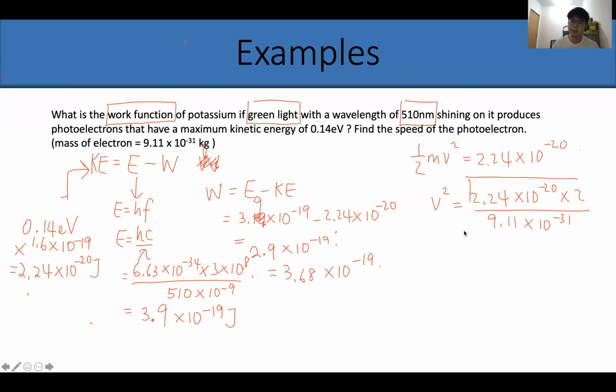Okay, you can take a square root of this. 221758. Okay, approximately 2.22 times 10 to the power of 5 meters per second. That is my answer.